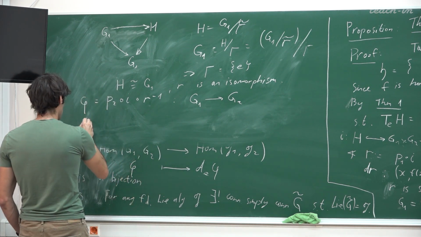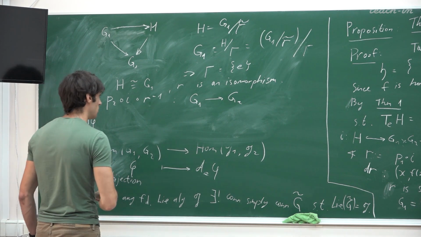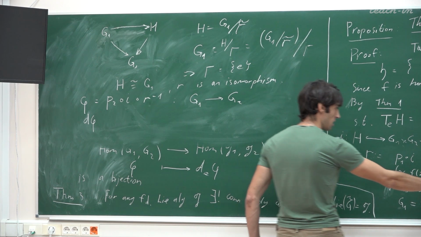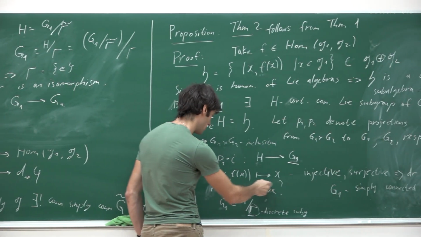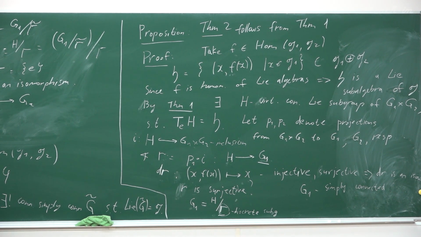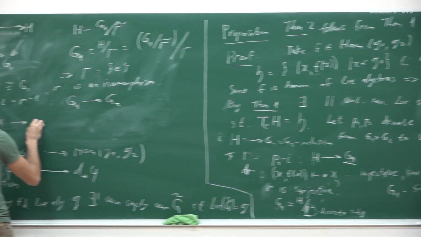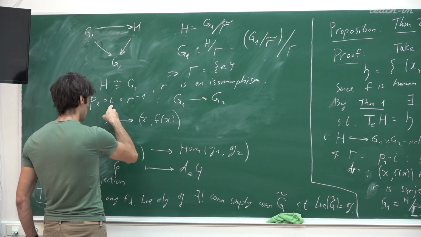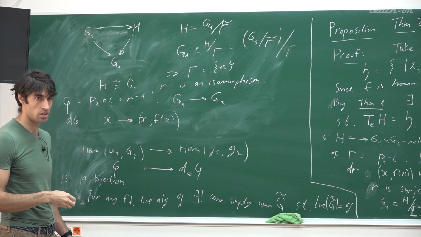And what is its differential? Okay, dR inverse takes x and gives me a pair x, f of x. I really does nothing in formulas.